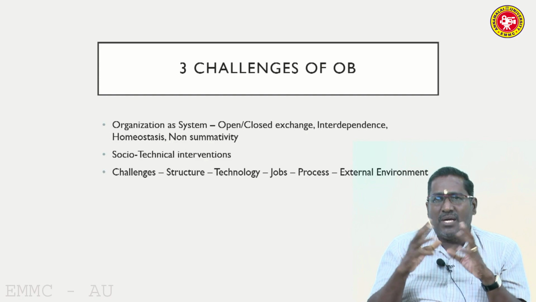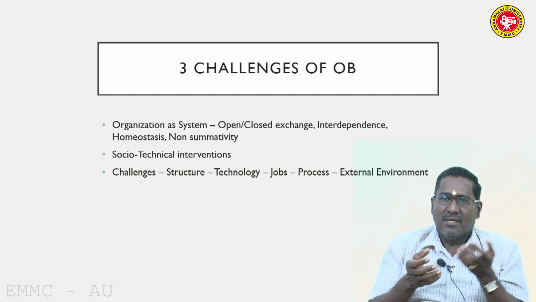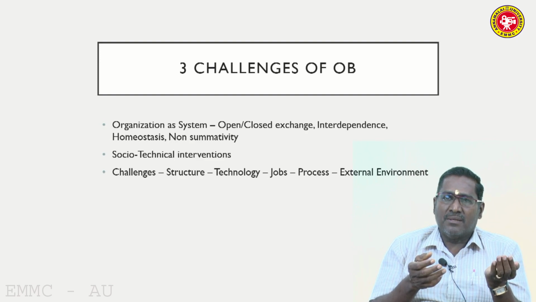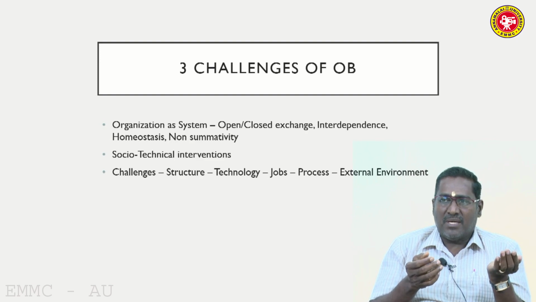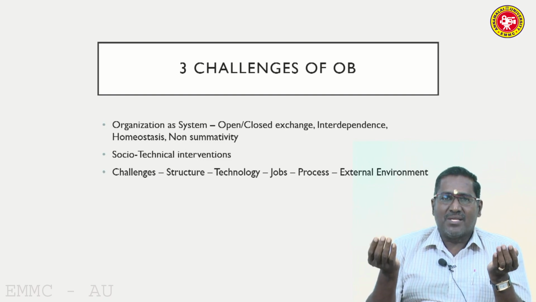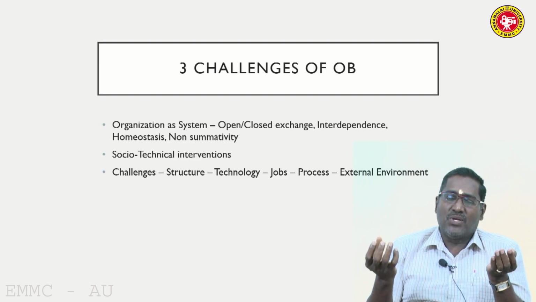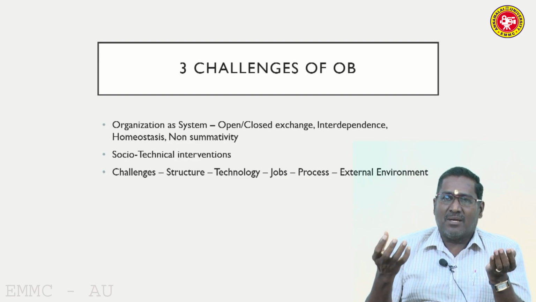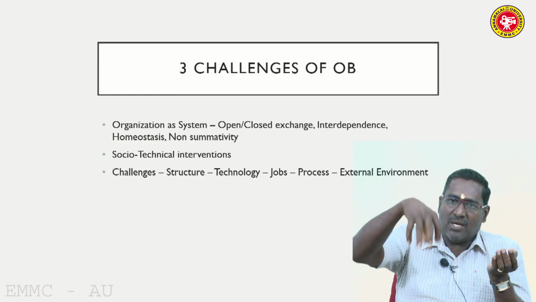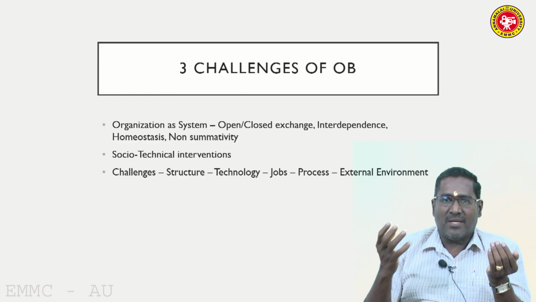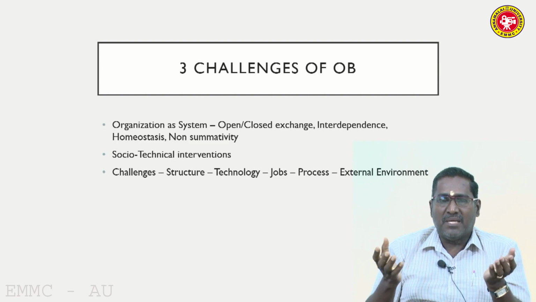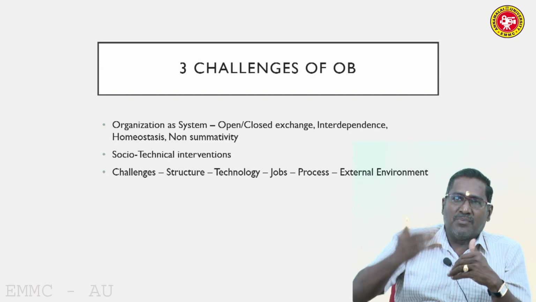And then social technical, as I told you in the beginning, how much share of manpower as an individual or human being is introduced in an organization, and how much technology or robotics today, how much importance we give to the mechanized component of the organization, whether it is 60-40 or 70-30 or 50-50. Nowadays it is more of robotics.